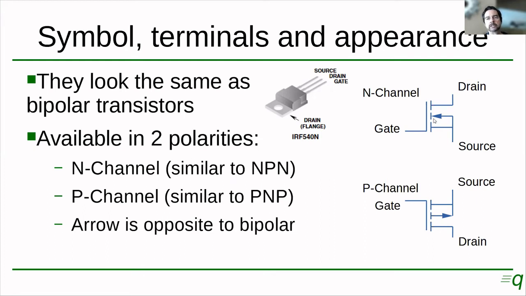This part in the middle is called the substrate, and it is internally connected inside the transistor to the source. So the source is the one connected to the substrate, the one that has two terminals connected together. The one that is by itself is the drain, and the gate is on the other side, okay? Same here, only the arrow is reversed.